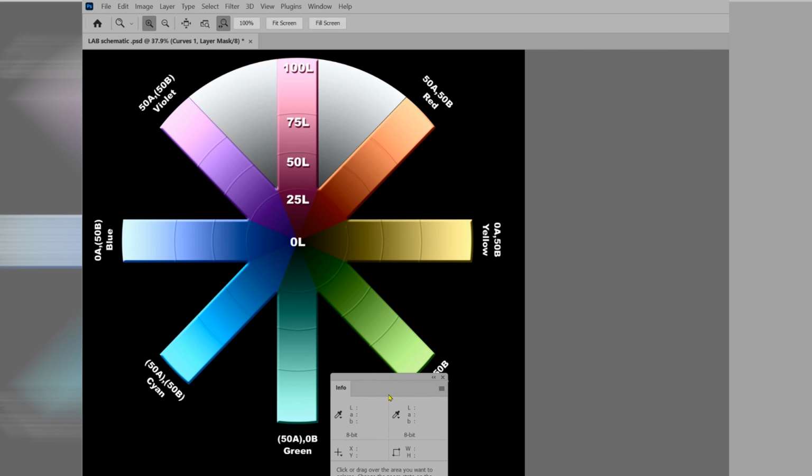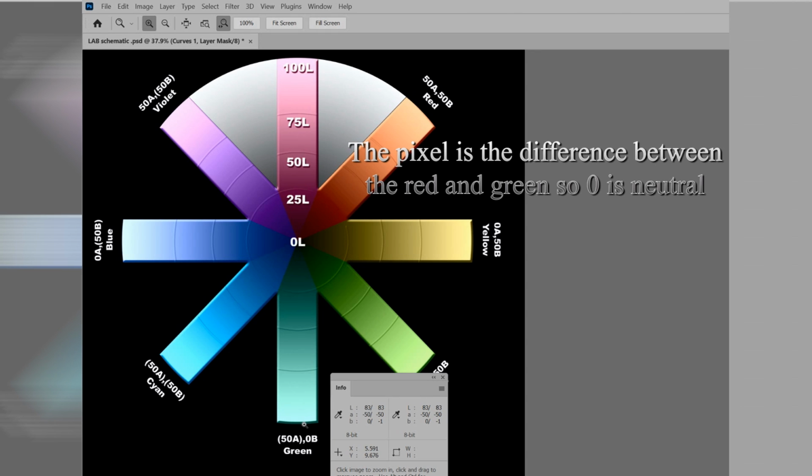If I come down here to the other side, remember these are diametrically opposed, then it is a minus 50, and the B channel is 0. So, having said this, this is a red versus green, back and forth defining this pixel.